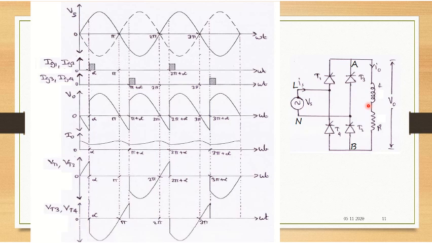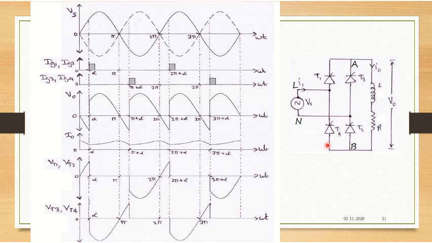So in this case, if the alpha value is less than 90, then the power flow will be from AC side to DC side. So we say that this converter is operating in rectifying mode when alpha is less than 90 degrees.